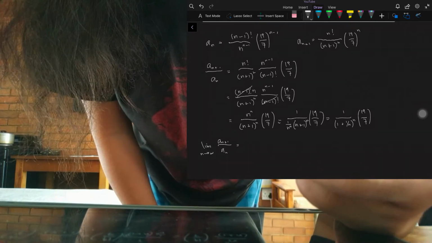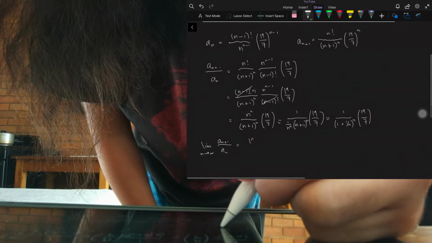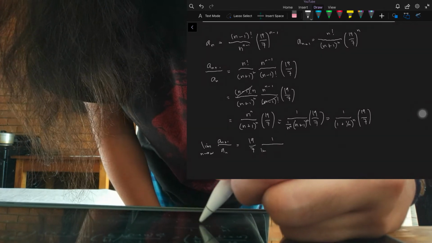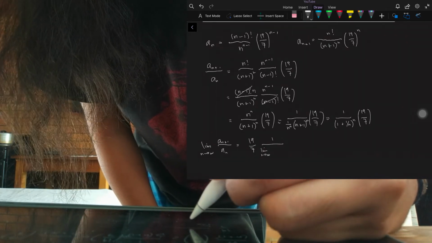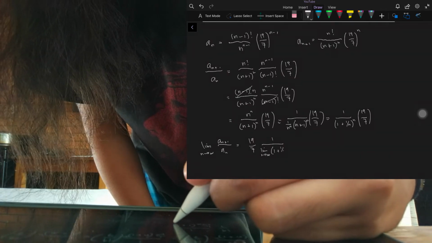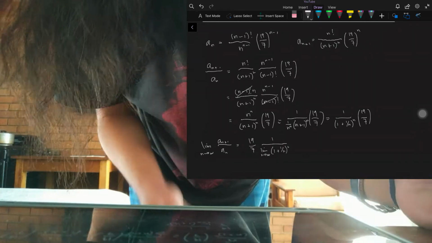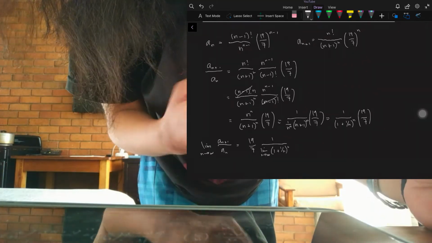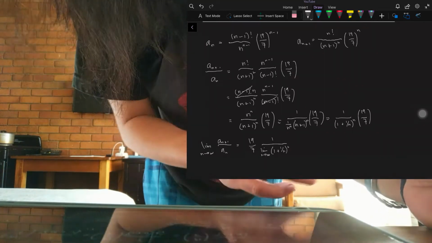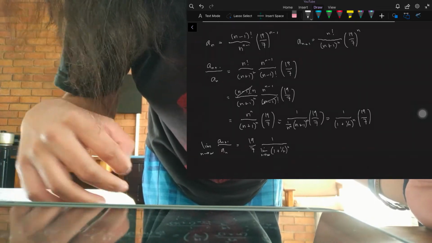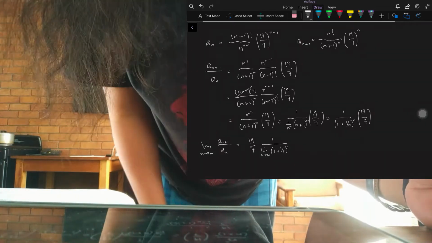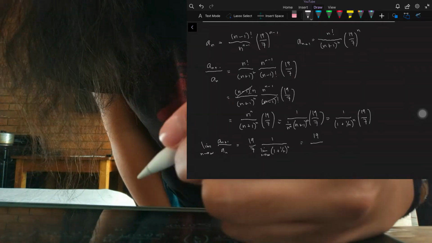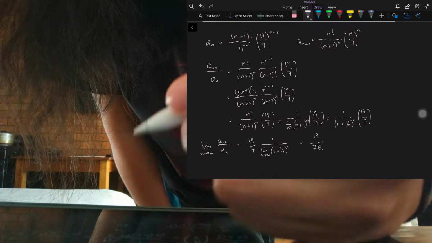That's just 19 over 7 times 1 over the limit as n approaches infinity of 1 plus 1 over n to the n. The limit in the denominator should look familiar to you. It's just the number e. That 1 plus 1 over n to the n, as n goes to infinity, just gives you e, 2.71 and so on. So the whole thing is equal to 19 over 7 times e.